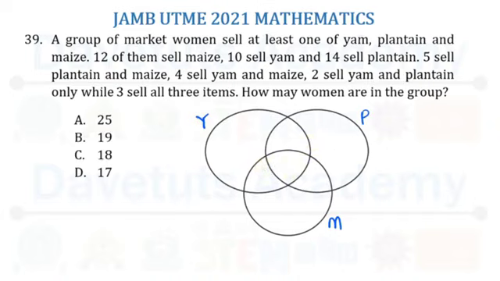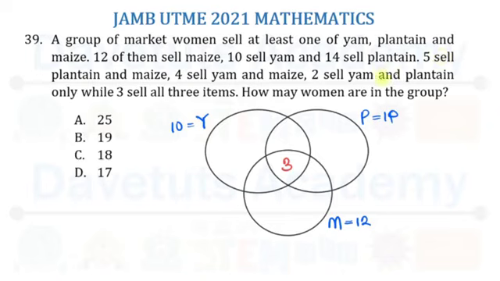But we are told that 12 of them sell maize, so maize is 12, 10 sell yam, yam is 10, and then 14 sell plantain. We can pick from there. So now, if you are to start from the conjunction of all 3 of them, the number that sell all 3, you can see that we are told that 3 sell all 3 items. So this is 3, common to the 3 of them.